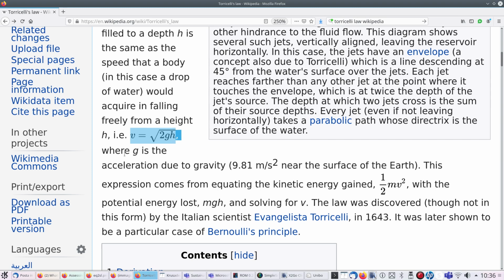Now, the water level is a proxy for storage, because if you know the geometry of your tank, you can substitute the water level with volume. So Torricelli's law suggests, you don't need to learn it and remember it, that the flow from a hole in the tank, V, it's velocity actually, but the velocity is linearly proportional to flow.